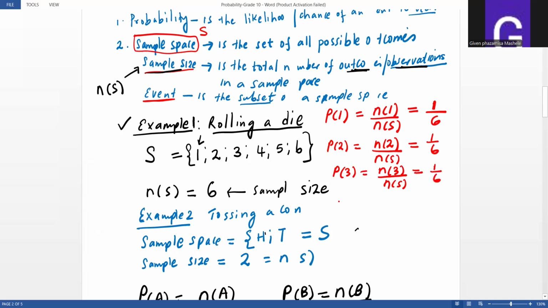Same for 4, it will still be 1/6. Probability of 5 is still 1/6. Probability of 6 is still 1/6. You see, they have equal probabilities.